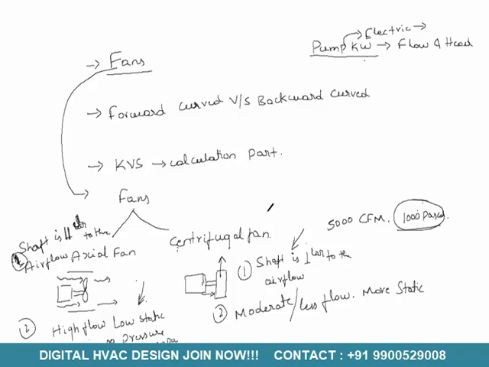For example, I have an AHU. In all AHUs we will be using centrifugal fans only, because it will have the ducting system, and the duct will be serving the complete building. So static pressure will be more, so I should have a centrifugal fan to serve up to the last end. Suppliers always use centrifugal fans.